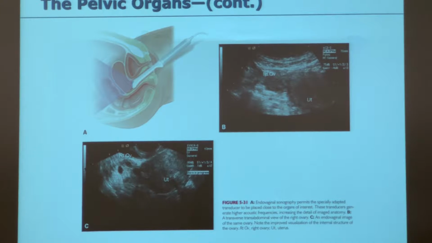Sometimes in a sagittal uterus, you can see an ovary at the fundus. They can be anywhere, it depends on the ligaments. We all have them, but where are they? This is a transverse uterus, so this is my right ovary.